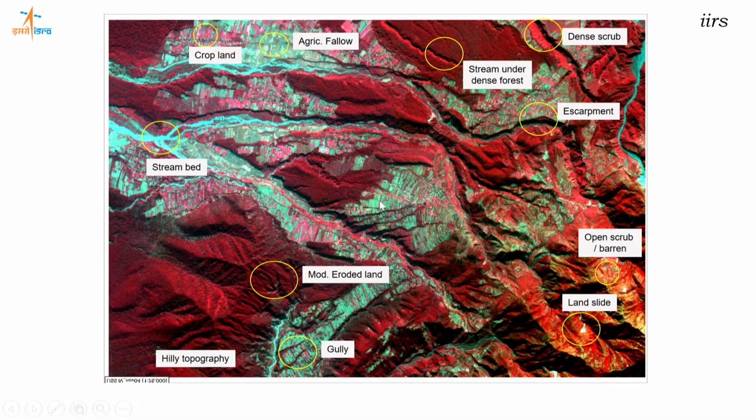And the greenish color you are seeing is the fallow land. This is the forest. This orange color is the cropland. So we can see various features on the Earth's surface very easily from the remote sensing data.